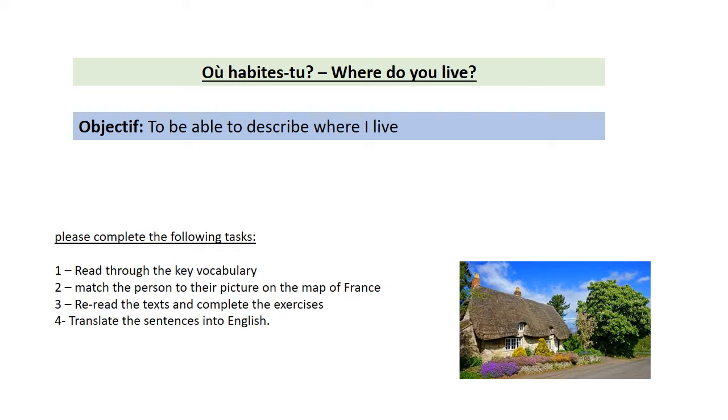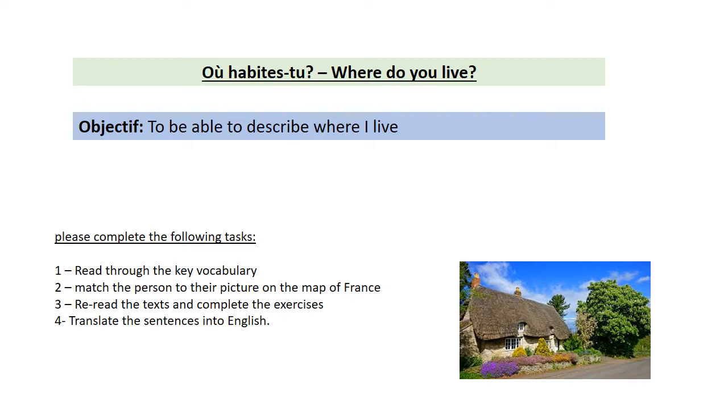Your date is on lesson board, so if you'd like to copy a date from there, then that would be good. Today's title is Où habites-tu? Where do you live? And our objective is to be able to describe where we live.